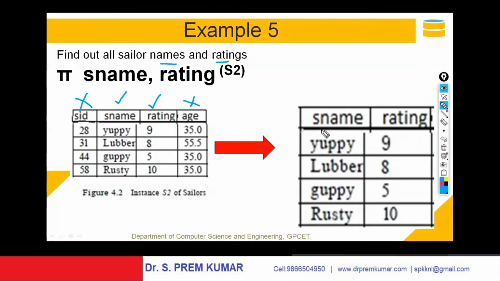So you came to know how to project. This is called projection. Projection is a vertical fragmentation, whereas selection is a horizontal fragmentation. You get the required columns vertically, which is why it is called vertical fragmentation. You are getting the sailor name and rating of the sailors. Just a minute, please go through this query.